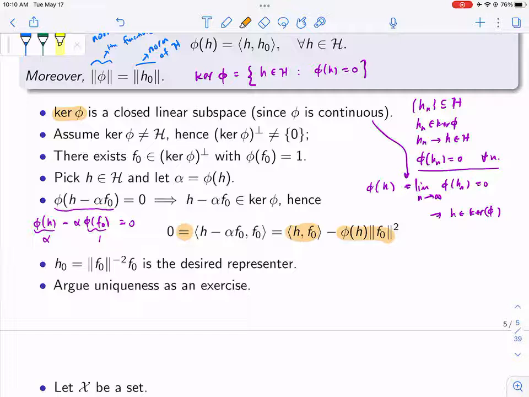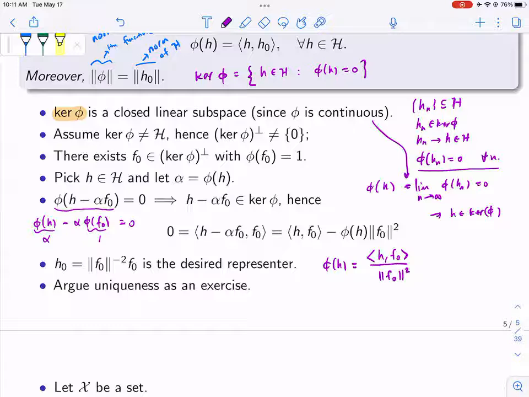So what is the next step? I just rearrange this, right? So rearrange this equality, and we get that phi of h is equal to the inner product of h and f naught minus norm f naught squared.